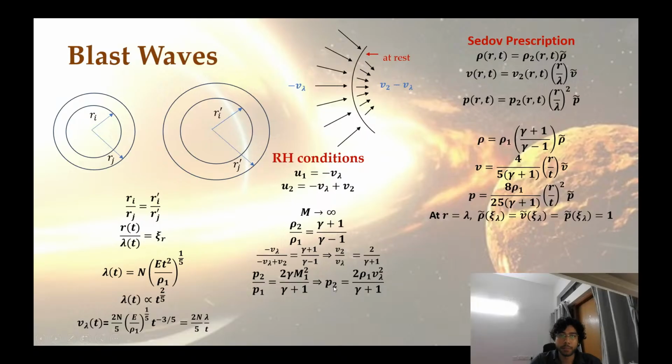And from there, we get P2 equals 2 rho 1 V lambda square by gamma plus 1. So we get the P2 and the V2 in terms of V lambda, the shock wave velocity.